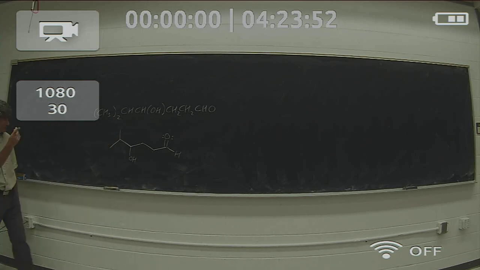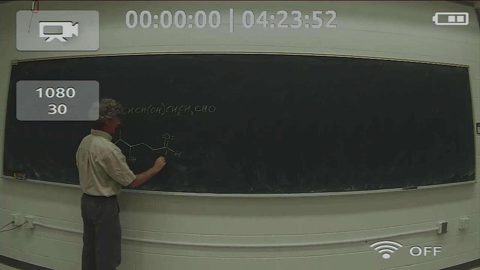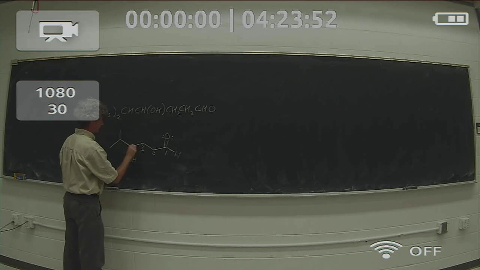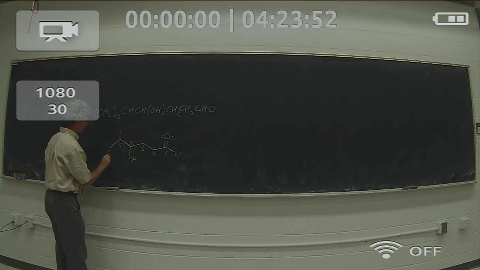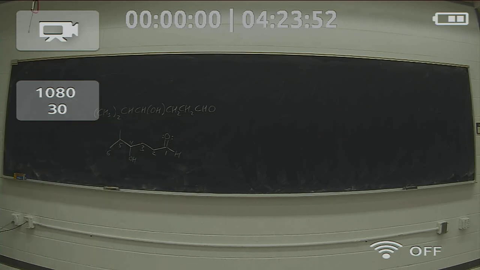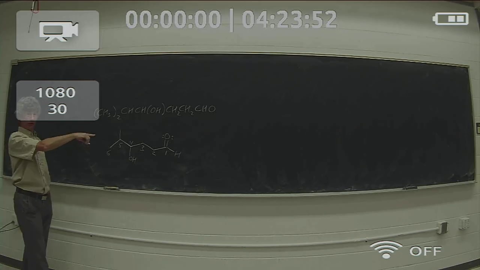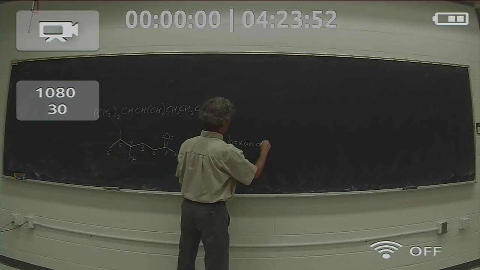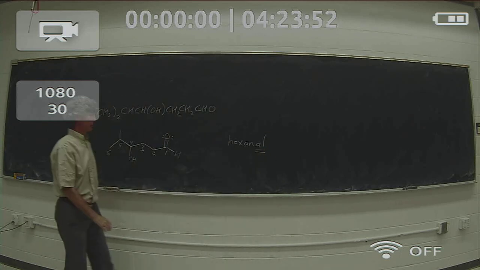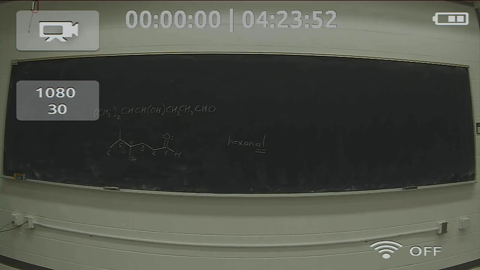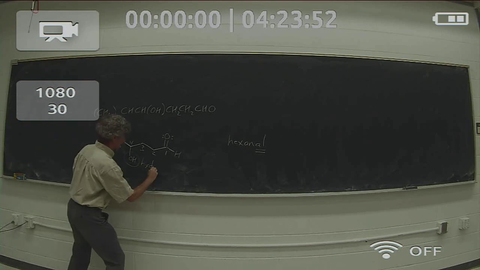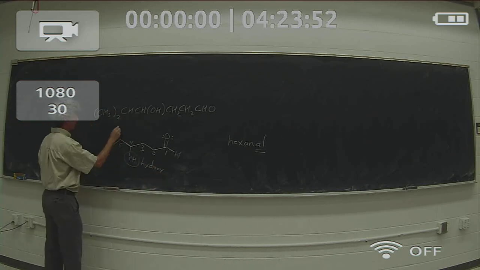To name this compound, we would start numbering at the most highly oxidized carbon, which is the aldehyde. The longest chain we can have is 6 carbons. So the base molecule here is a hexanal. We've taken off the E ending for hexane and replaced it with AL for the aldehyde. And then attached to that, we have a hydroxy group, and we have a methyl group.